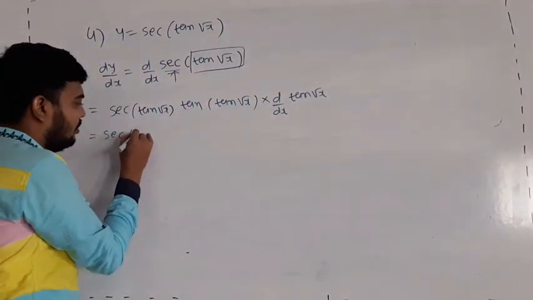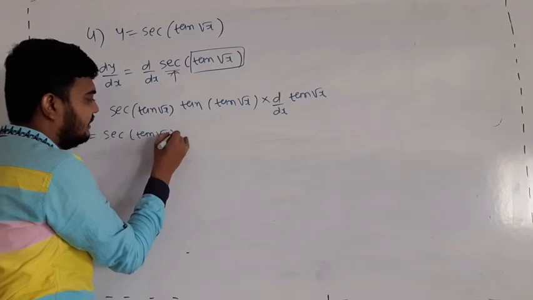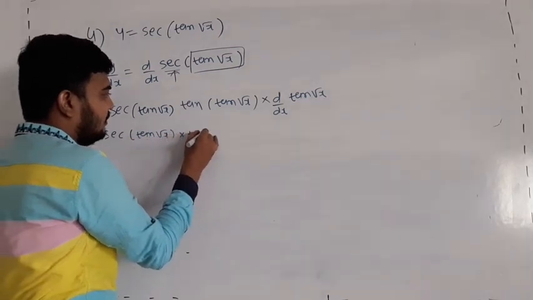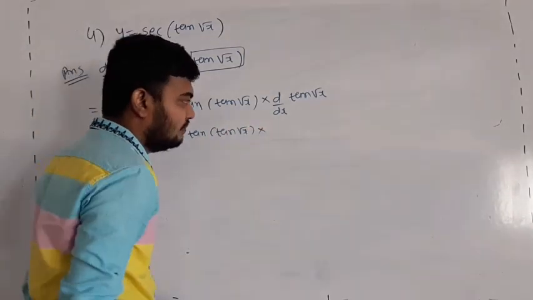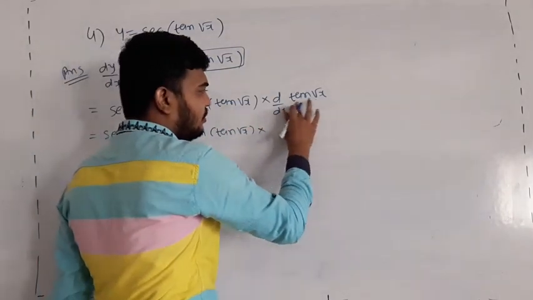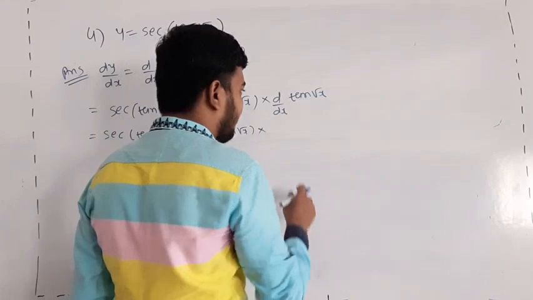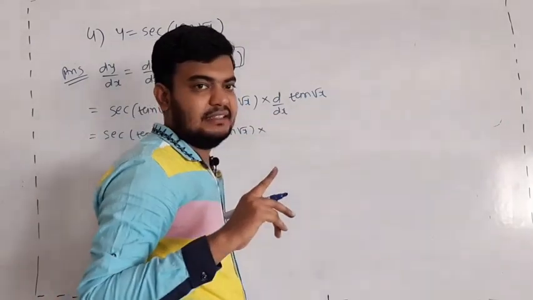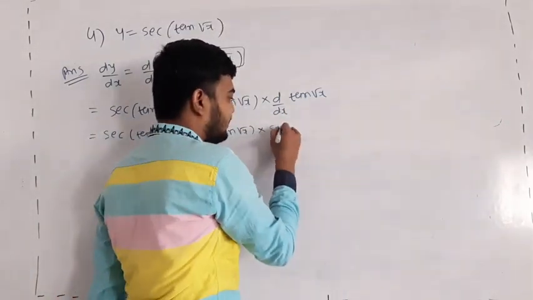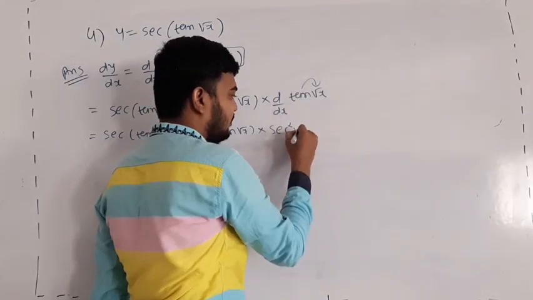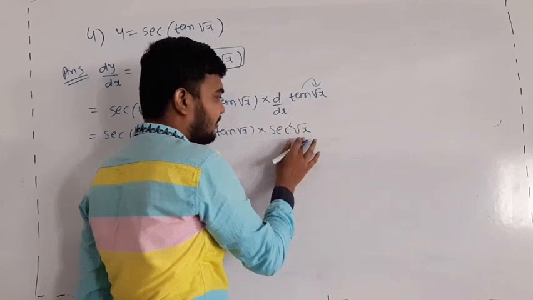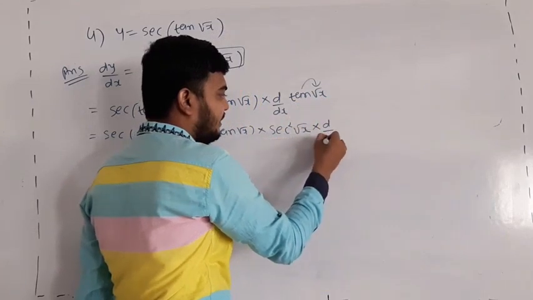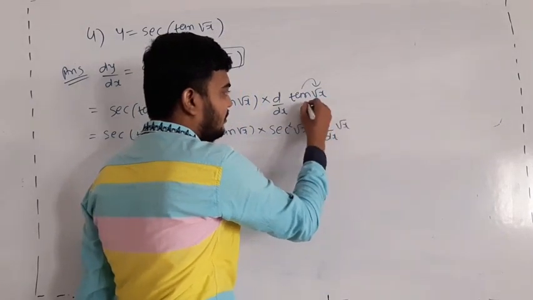So sec of tan root x as it is, cross tan of tan root x as it is, cross, here the outermost function is tan, so we know that d by dx of tan x is sec square x. So sec square, but the angle is root x, so sec square root x. So the differentiation of tan is sec square root x. Now the remaining differentiation is root x.